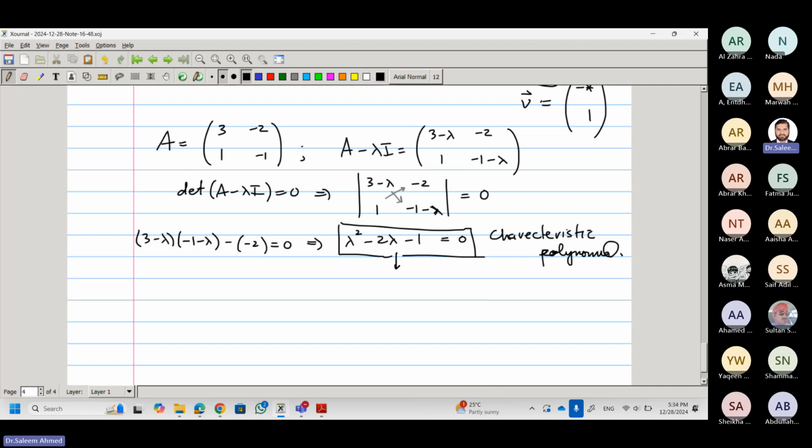Now I will solve this to find lambda. So we know that if there are factors, I will make factors. If there are no factors, I will use the quadratic formula. So I think no factors are here, right?